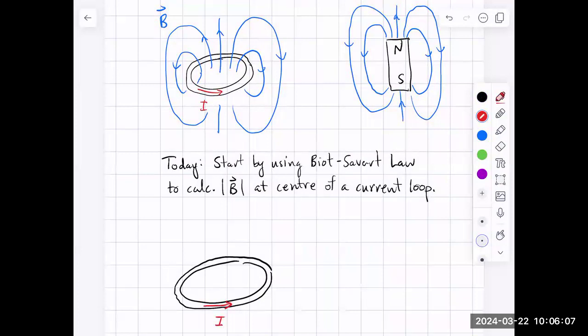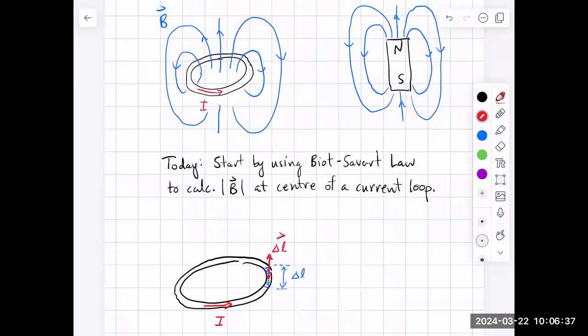And maybe we're going to be interested in what is the magnetic field due to this section of our little loop of wire. And so we'll say that that section has some length delta L, and we can make the delta L vector.